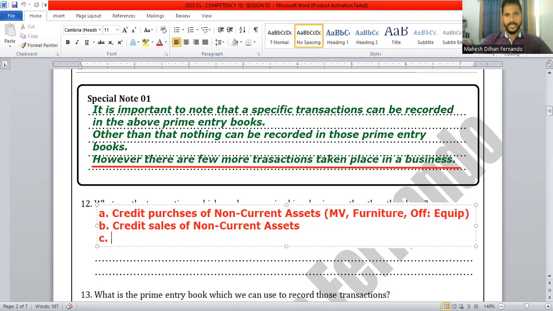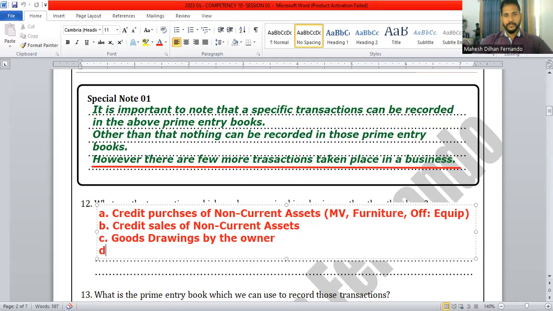Third one, C. Goods drawings by the owner. Okay.